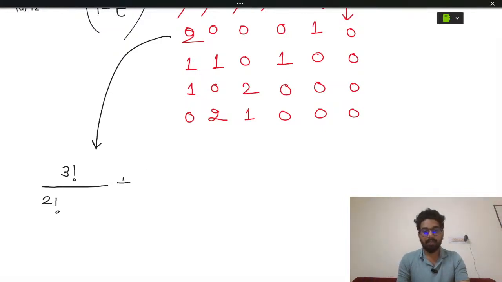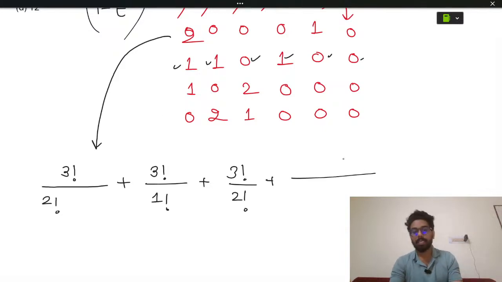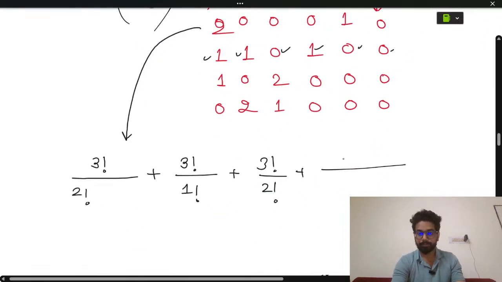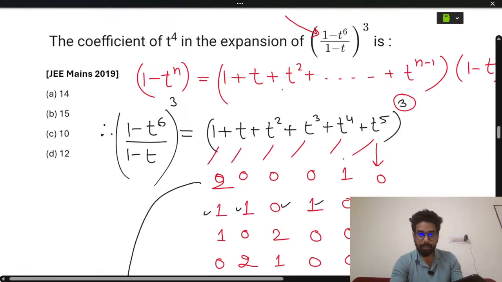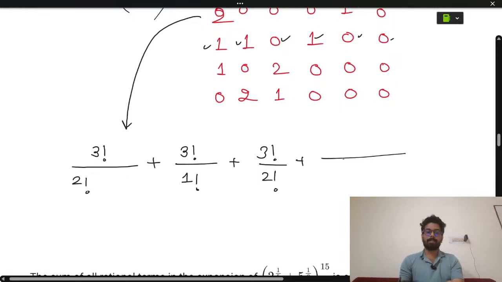Plus, in this case it's 3 factorial by 1 factorial, 1 factorial, 0 factorial, 1 factorial, 1 factorial. I am just writing 1 factorial because everything is 1 now. Same way you will do this. This will come out to 3 factorial by 2 factorial. Same way you will do this and let me know your answer. What will be the final answer? Here you have the options.